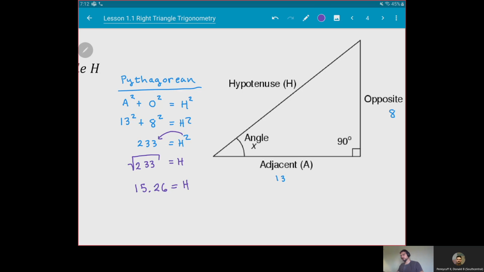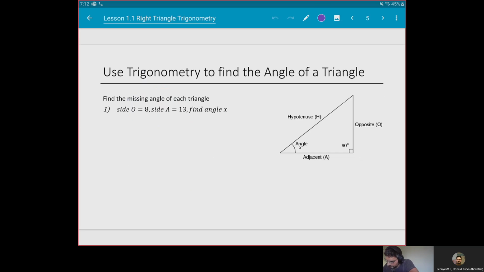Cool. So that's something that is extremely useful, being able to use the Pythagorean theorem, being able to solve for something that's to the second power. You just move that second power to the other side and turn it into a square root. All right, now, one of the most important things that you can use trig for is to find a missing angle.